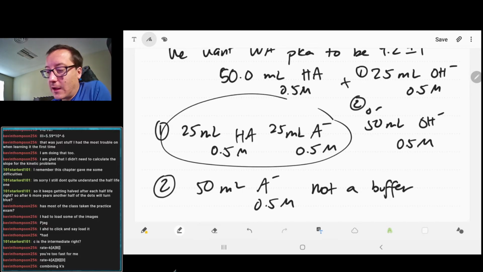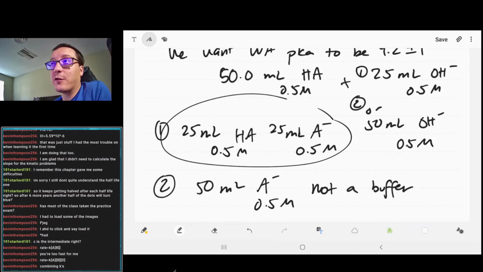So first things first, eliminate the acid that has a way different pKa than the pH you're looking for. And step 2 is just understand that one of those options will get rid of your acid completely, and the other one will leave you with both acid and conjugate base. So because it's a buffer, it has to have both of them.